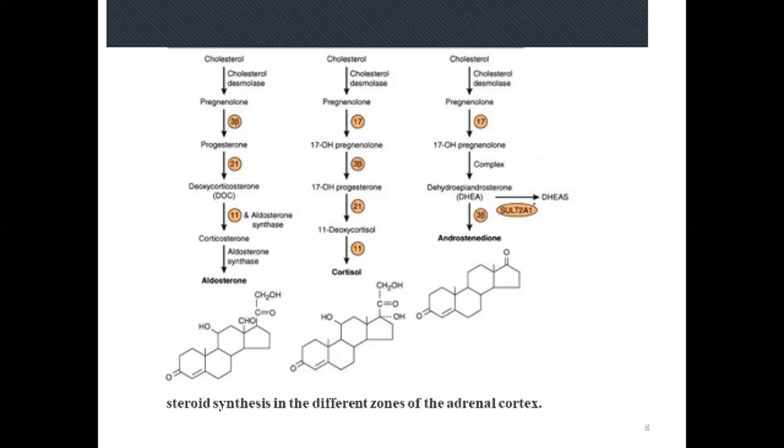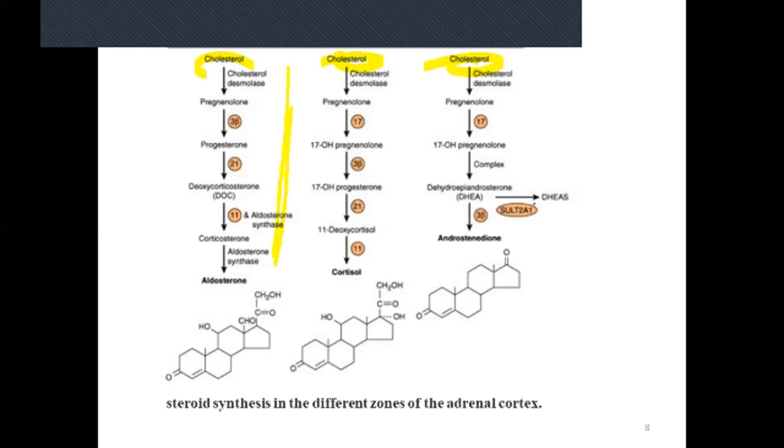Then when you look at the synthesis of adrenal steroids, the primary precursor is cholesterol. So that is why cholesterol, despite being very bad, is very important as well, because it is the primary precursor for steroidal hormones from the adrenal cortex. Ultimately, after many metabolic pathways, aldosterone will be produced, then cortisol, and even adrenal androgen.